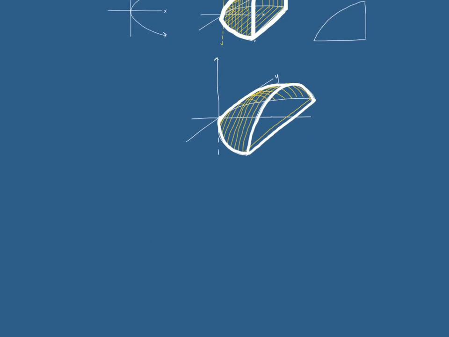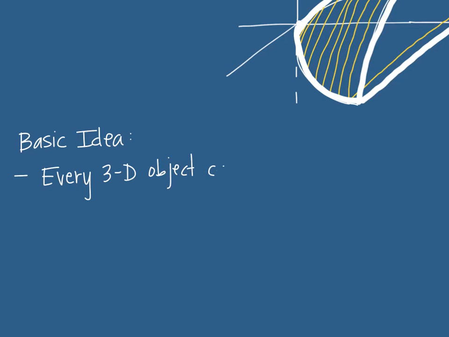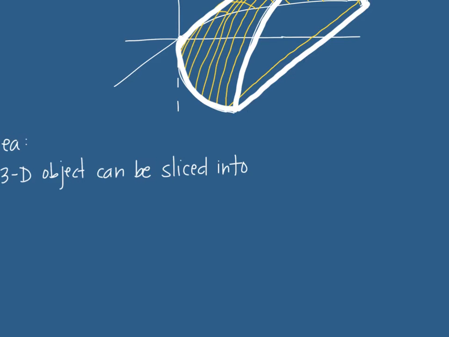Okay. So here is the main idea. The main idea is that every 3D object can be sliced into two-dimensional sections, pieces.